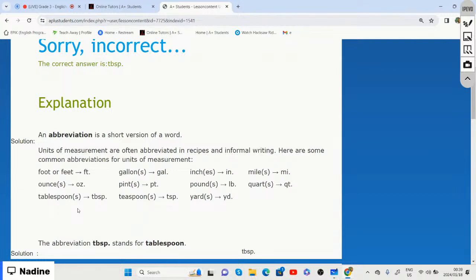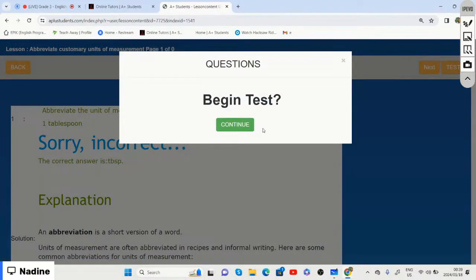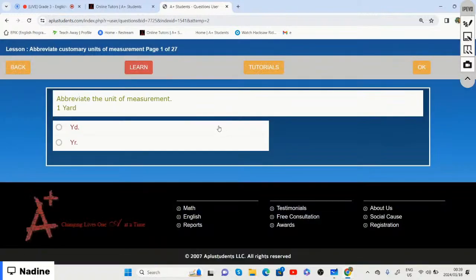And we made mention of feet, gallons, inches, miles, ounces, pints, pounds, just LB, quarts, tablespoons, teaspoons, and yards. All right, let's go to our test where we are going to abbreviate units of measurements.